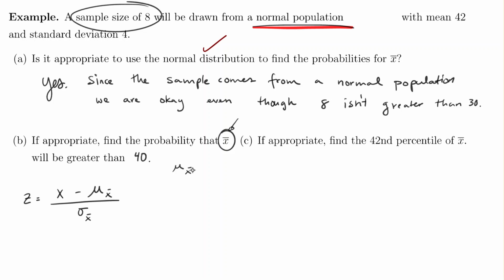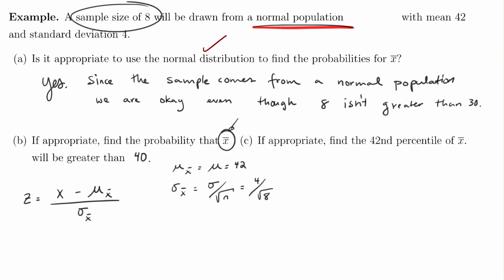You can look back in your notes from this section. The mean for X bar happens to be the mean, which in our case is 42. The standard deviation for X bar is the standard deviation of the sample divided by the square root of the sample size. So for us, that will be the standard deviation of 4 divided by the square root of 8.